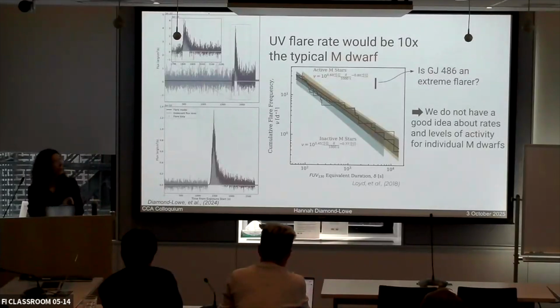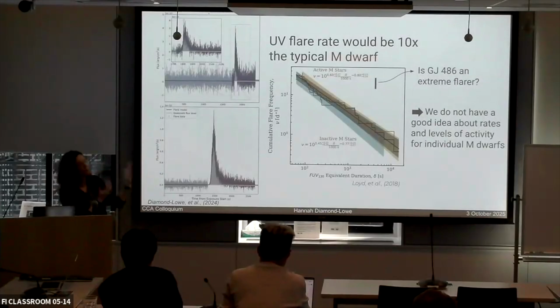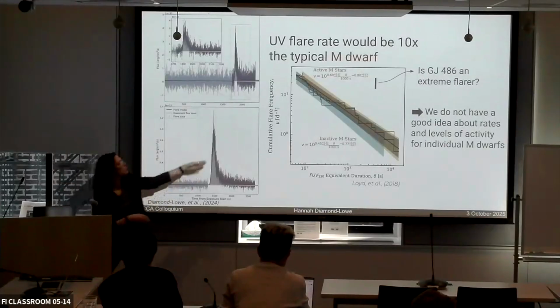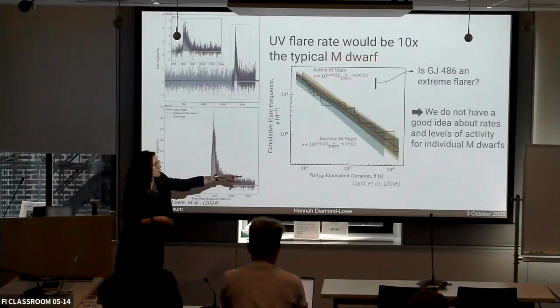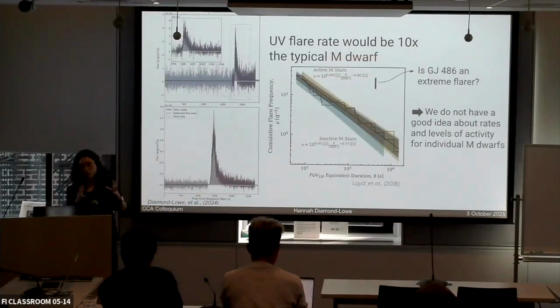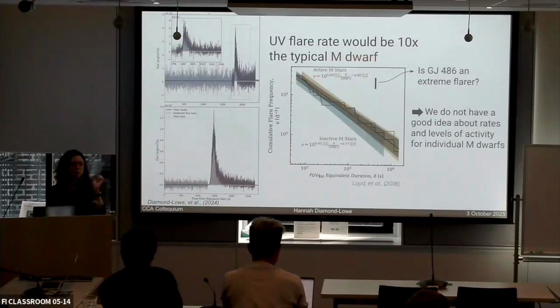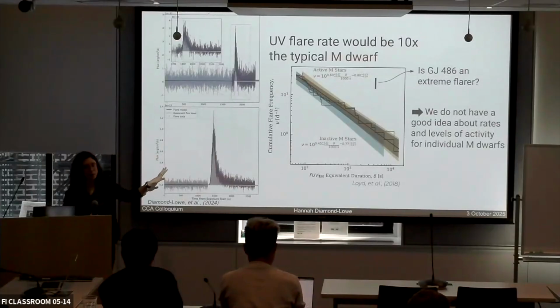That's great. Let's compare it to the population of M dwarf flares that we have. So this is a cumulative flare frequency as a function of equivalent duration. This is a measurement of the flare energy, and this FUV130 just implies it's with the same HST filter, so we're comparing apples to apples here.